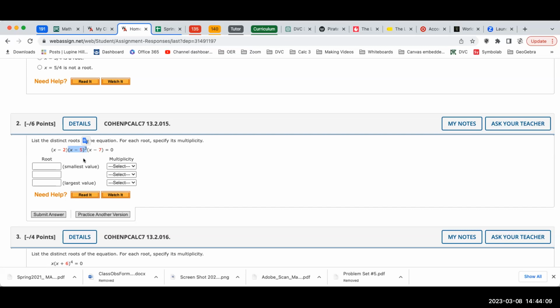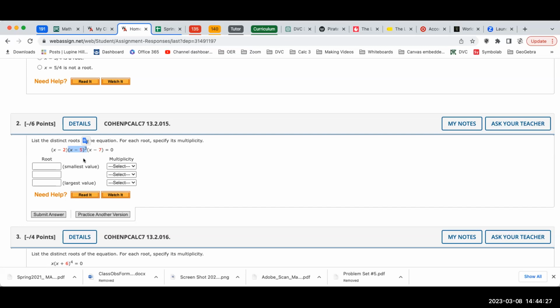So it's really x minus 5 times x minus 5 times x minus 5. So it's a root 3 times. That's what we're calling the multiplicity. And if there's nothing, like if it's not squared or anything, then it's just whatever that exponent is.